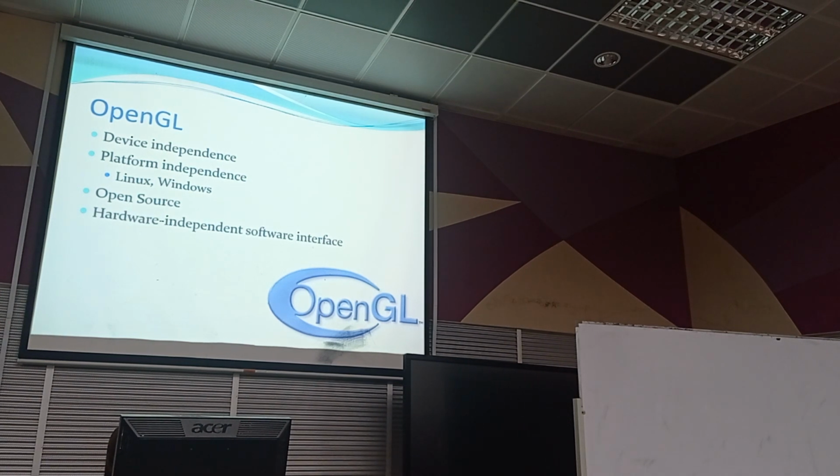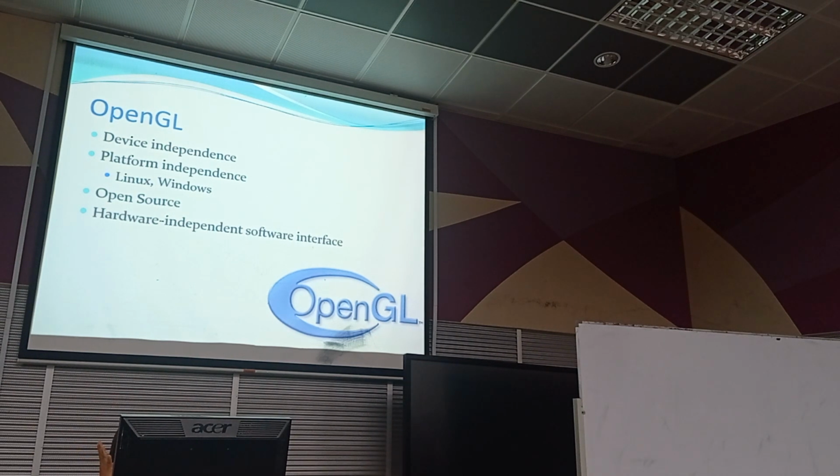When you install Visual Studio, there is a Windows SDK. SDK means software development kit. If you didn't uncheck it, it is installed together. When you install Visual Studio, OpenGL is inside. And why do we choose OpenGL? Because it is device independent.